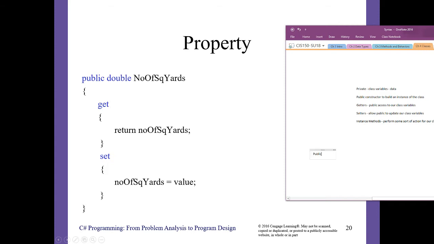So I could have a public property, and then within that public property, I can say get, and in the code for that get method, I'll return the class level field, and then I can also have a setter.